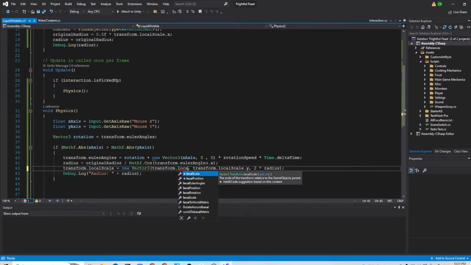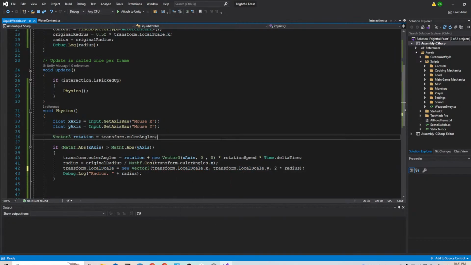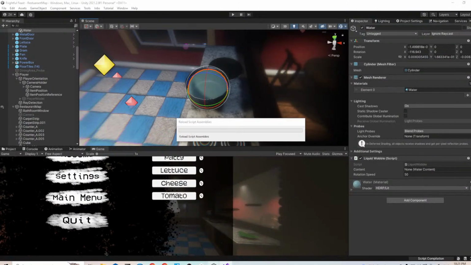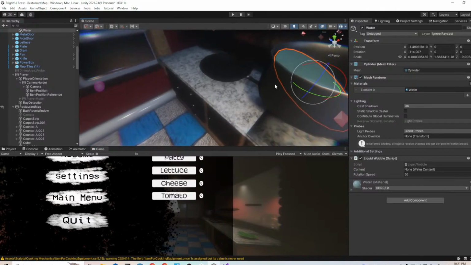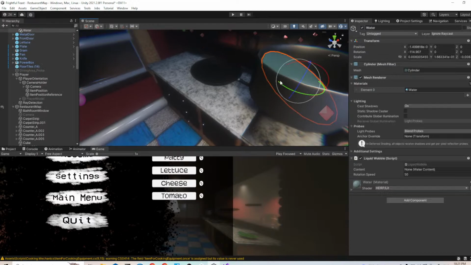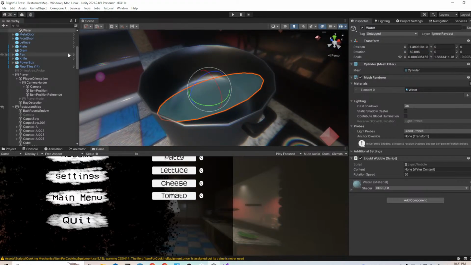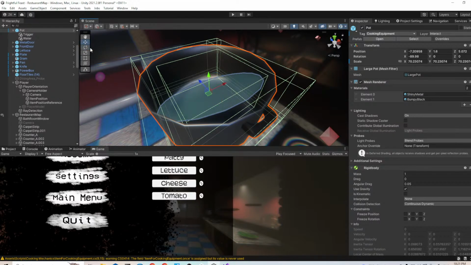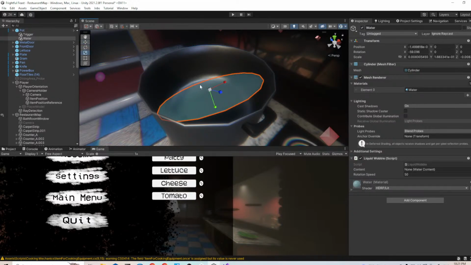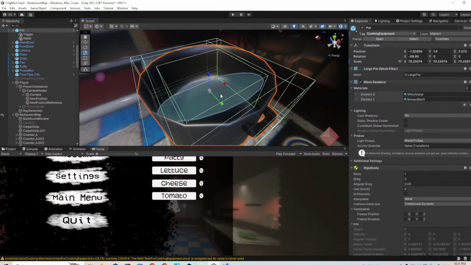Local scale dot X. If I can't figure this out, then... Okay, please reset that. So if we rotate it on the X, then it needs to be scaled. Oh, can you stop? It needs to be scaled, yeah, on the Z. Why?